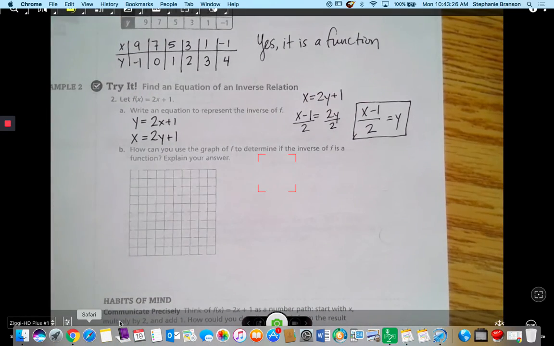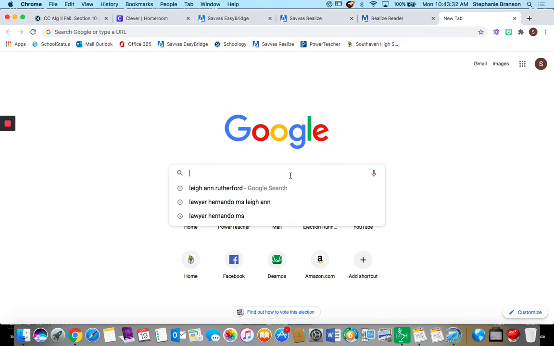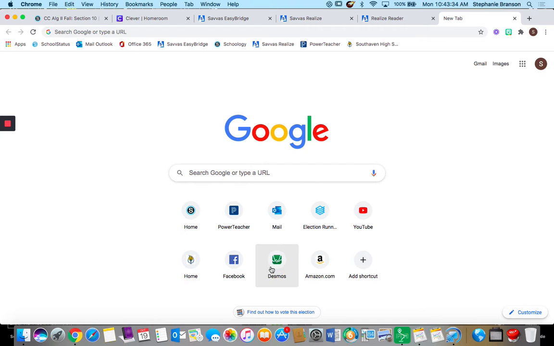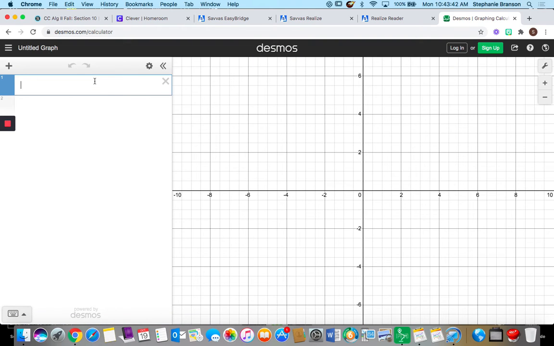And we are going to look at what these graphs of our inverses would look like. We started off with y is equal to 2x plus 1. That was our original equation.